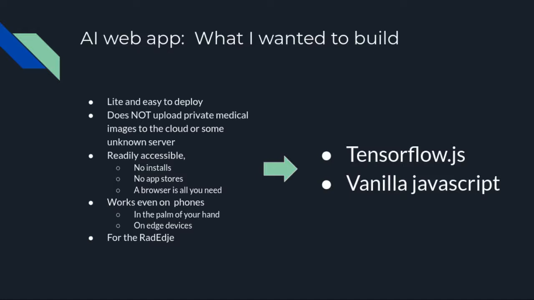Something fast, since the model runs straight on your machine. Something accessible, no installs or app stores necessary. A browser is all you need. Something that can work, even on your phone, in the palm of your hand, on edge devices, for the RadEdje. And that's why I chose Tensorflow.js and good old vanilla JavaScript.